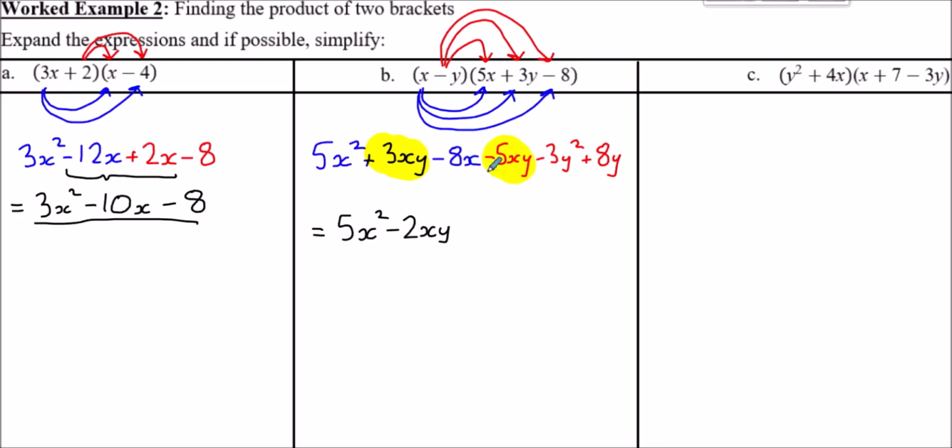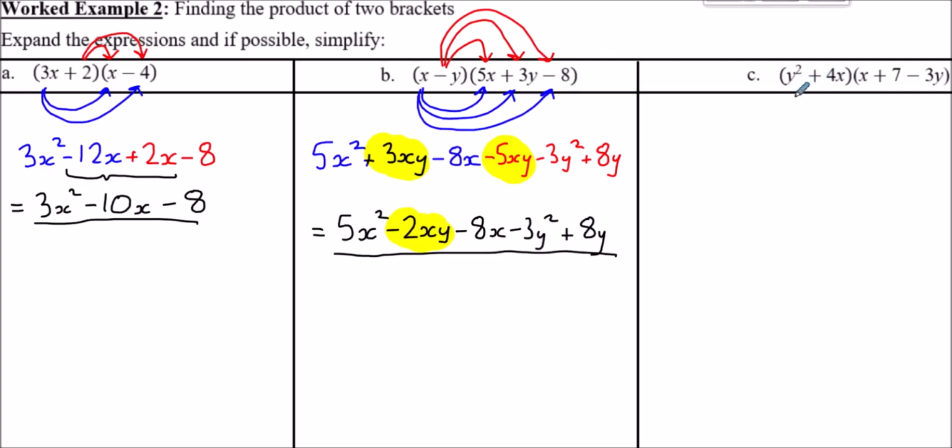Then all the rest of the terms just in sequence as they are. It can't be simplified further. So we've got minus 8x, minus 3y squared, and plus 8y. And I'll just colour code this to remind you where we got this minus 2xy from. It was from these two terms here being combined into this one.